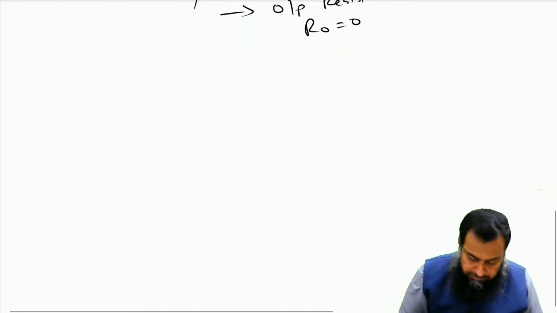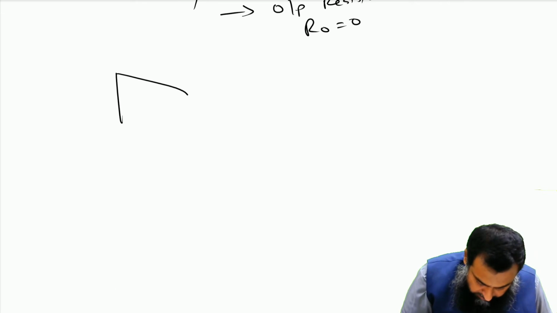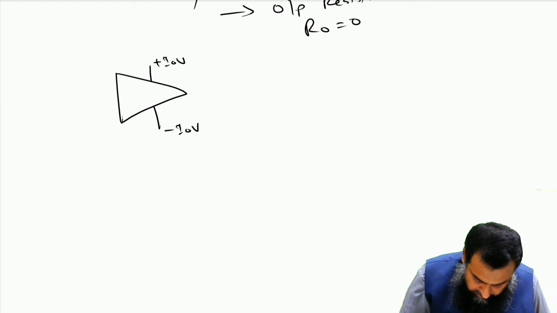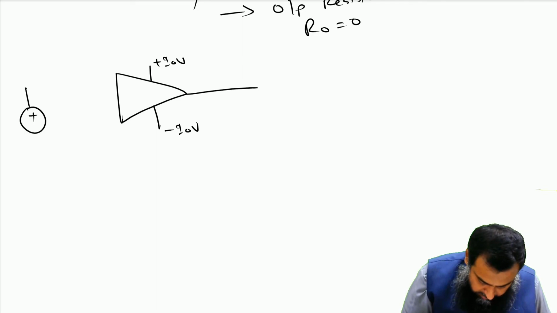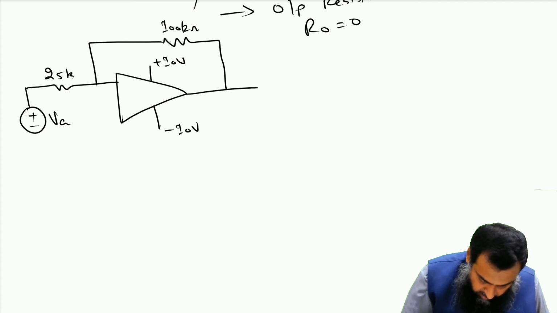So for example, let me draw a given circuit. So we have an operational amplifier. So we have this VCC equal to plus 10 volt, and we have this minus VCC equal to minus 10 volt, and we have VA connected with this particular point. Let us say this is 25 kilo ohm resistance, and this particular resistance is equal to 100 kilo ohm.